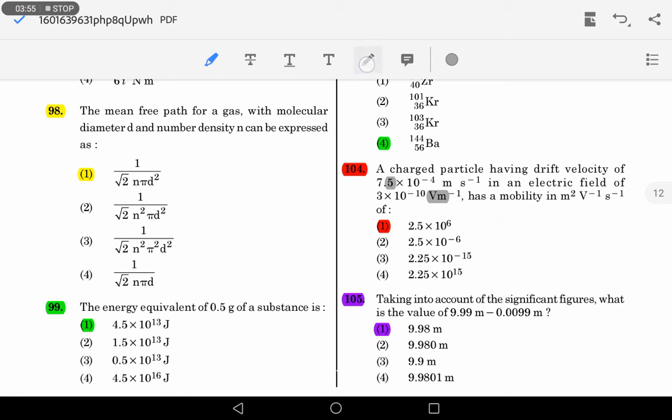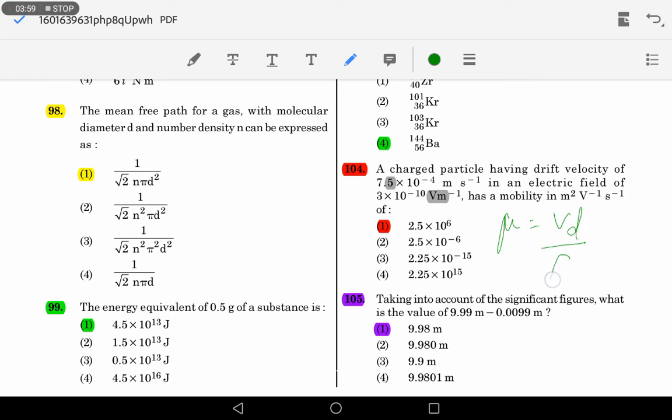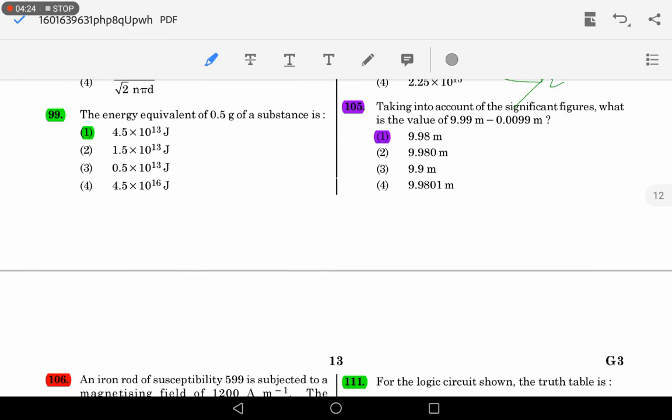We know that mobility mu is equal to v_d by E. Supposing you got confused about whether the electric field must be in the numerator or not, you could also use the units that are provided. It clearly indicates meter square, so both meters must be in the numerator. So this particular value must be in the numerator and this must be in the denominator. Dividing these two, you will get the answer.